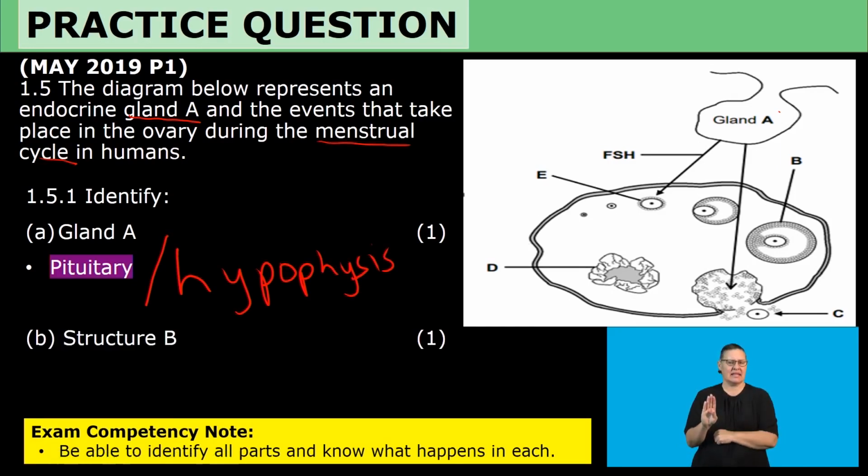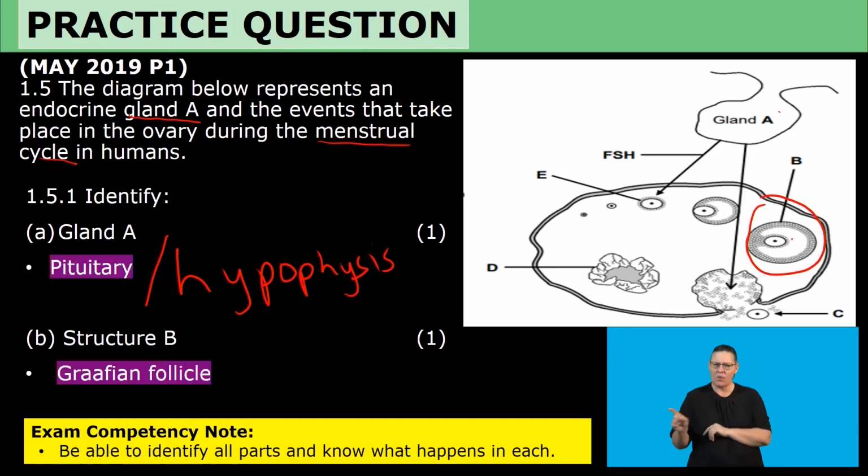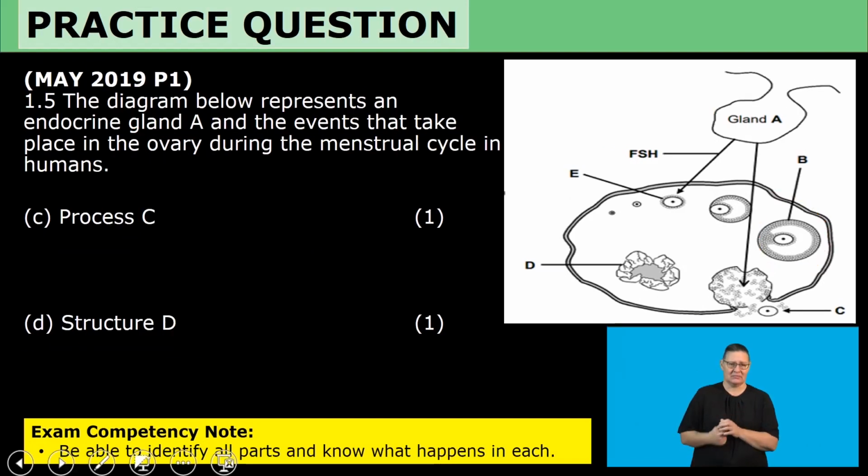You also need to identify structure B. Here is structure B. So you check the structure and you check the label. You identify that, and that is our Graafian follicle. Check the spelling. Normally, learners have a problem with spelling, and they make a lot of spelling errors.